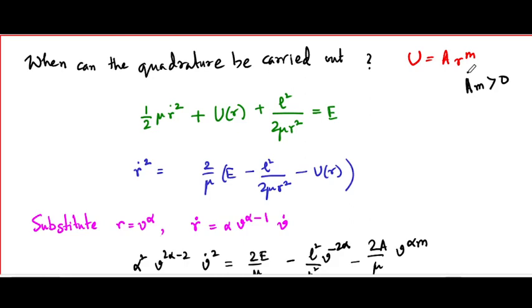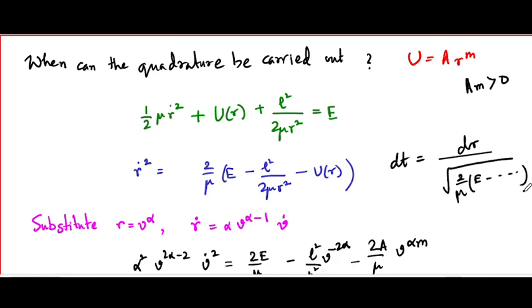Now, in order to help in figuring out the solution to the quadrature, remember this is basically dt, which will be given by dr divided by the square root of 2 by mu times E minus this whole bracket here. What we are going to do is start by making a substitution.